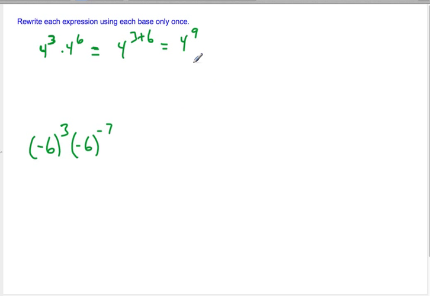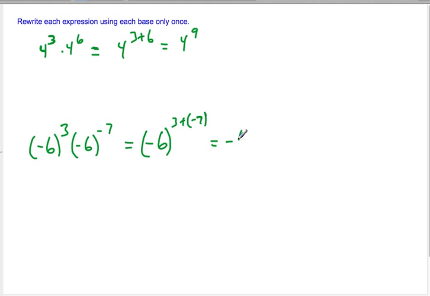Now down here, when you get something like -6 to the third times -6 to the seventh, keeping in mind also that the base is the same, so we have -6, and we're just going to add the exponents. So 3 plus -7 is going to equal -4.